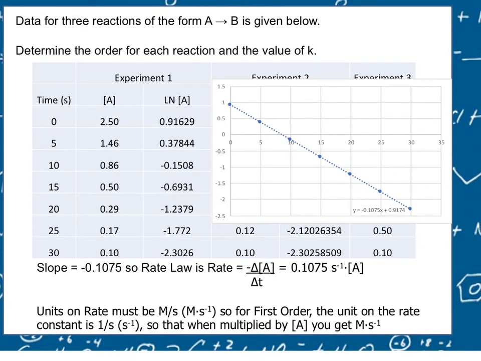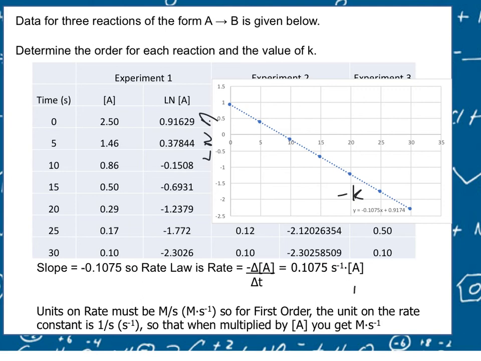This is my linear data, so I'm going to graph that. And so now what I graphed was natural log of A. And I've got this nice linear thing here where my slope equals negative k.